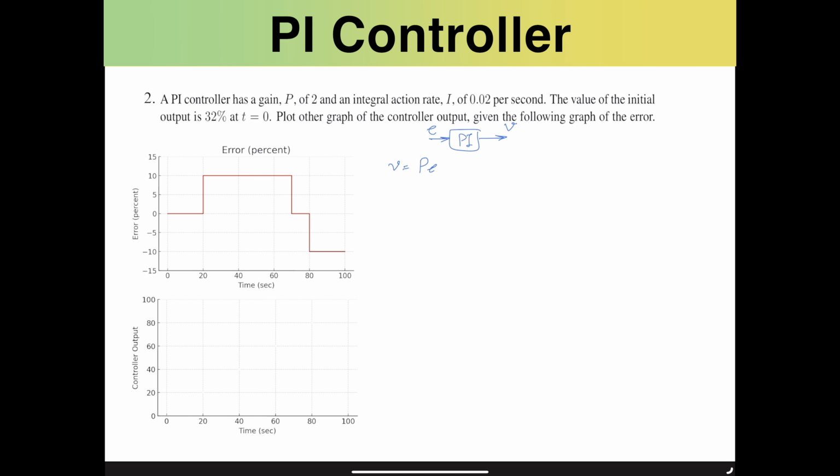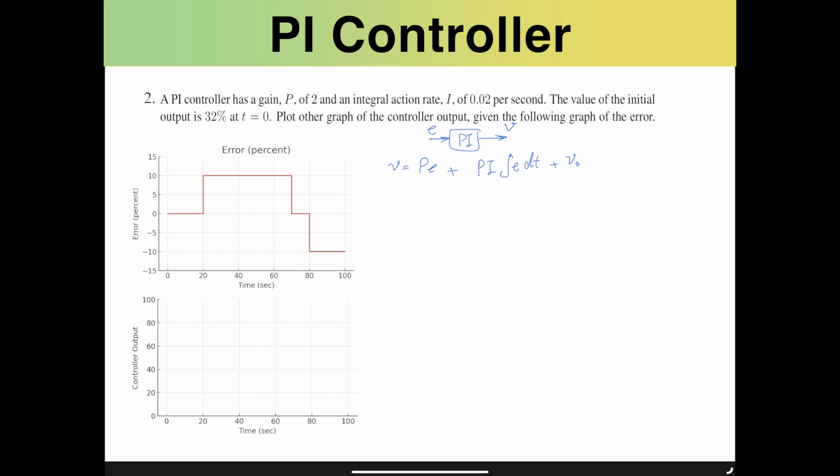We know that the PI controller has P E plus P I integration of E dt plus V naught with respect to time, which means that we have both proportional component as well as integral component plus an initial value. So this is the output of the controller. The question itself states that the value of the initial output is 32% at t equals 0. It essentially reminds us of something that is related to this V naught.